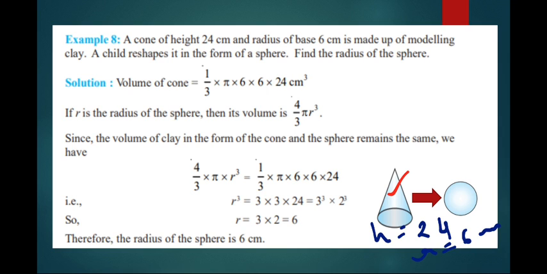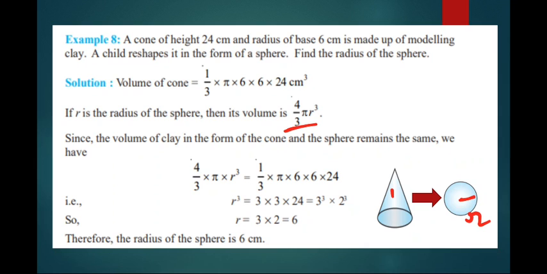The volume of the cone will be equal to the amount of clay in this figure. So find the volume of the cone by the formula 1 by 3 pi r square h. Now I am considering the radius of the sphere is equal to r. Therefore the volume of the sphere will be 4 by 3 pi r cube.